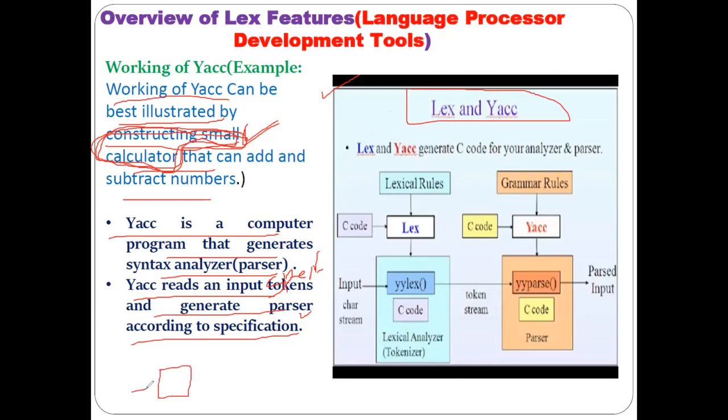You already know this scenario: this is our lexical analyzer, then this is your syntax analyzer or the parser, and then the next phases. What input do you give to the lexical analyzer? Some source code, like C code, for example. Then the lexical analyzer generates the tokens. By combining these tokens, the syntax analyzer will check syntax. So for the syntax analyzer to check the syntax, it needs the tokens, which means the syntax analyzer depends on the lexical analyzer.